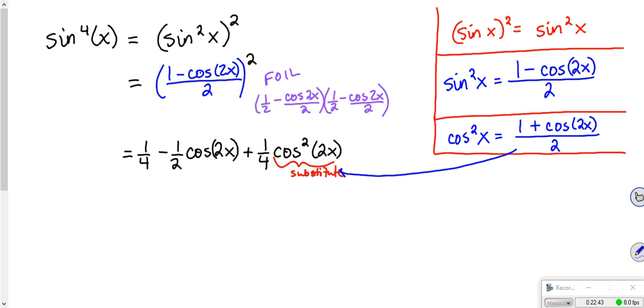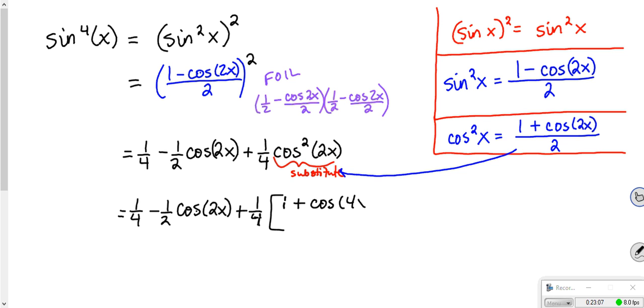Okay, so here's what it's going to look like. Hang with me. So we've got 1/4 minus 1/2 cosine 2x plus 1/4, here we go, 1 plus cosine 4x all over 2. Now, let me scroll up.